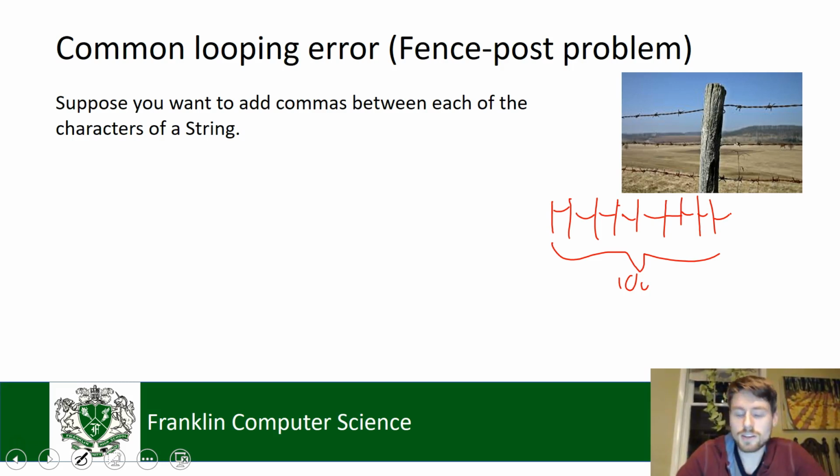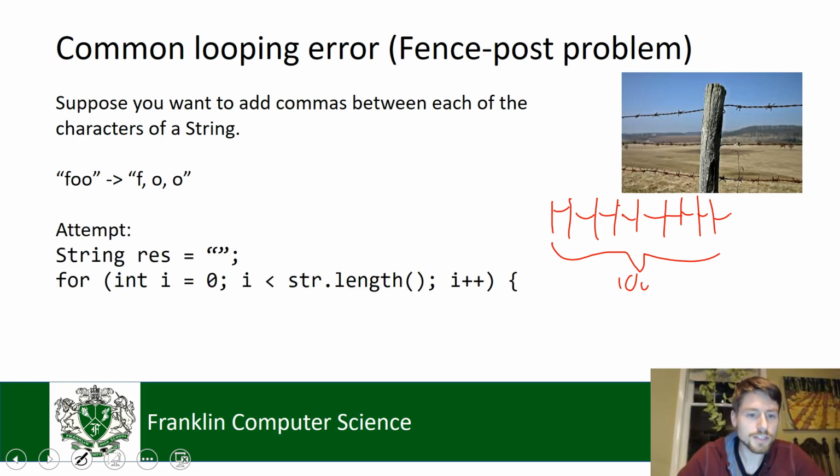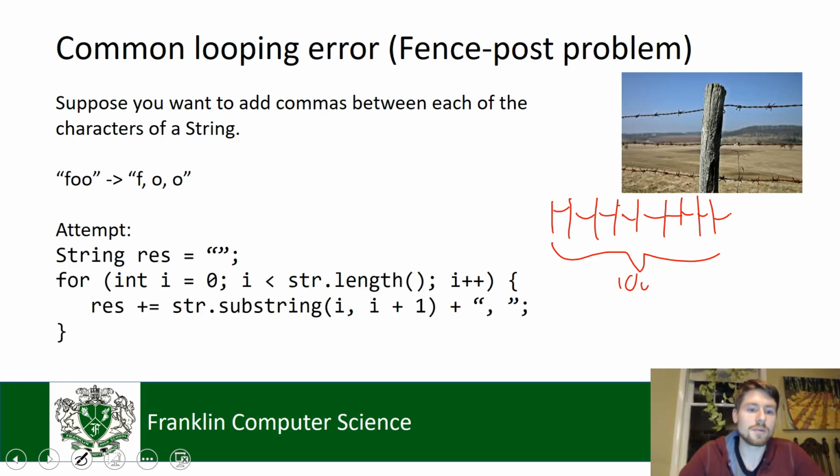So here's a scenario. Suppose you want to just take a string and add commas. So you're just putting commas between each of the characters. Like foo is going to be F comma O comma O. So you're just coming up with a list of each of the characters that make up that string, and you're separating them with commas. Here's an attempt at doing that. We start off with an empty string, and we're going to glue each letter.